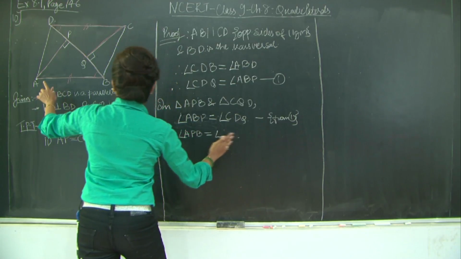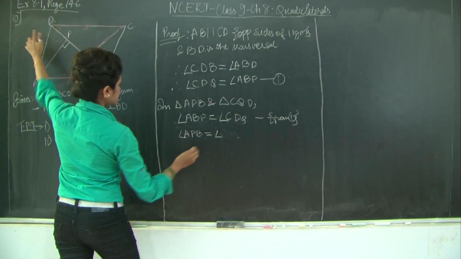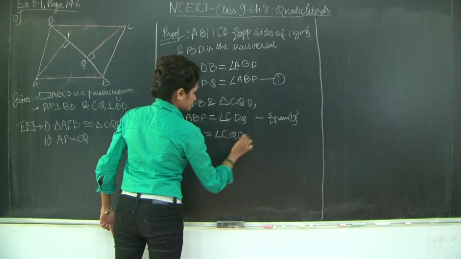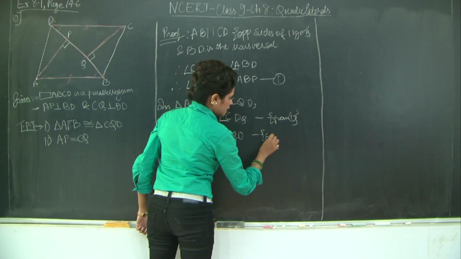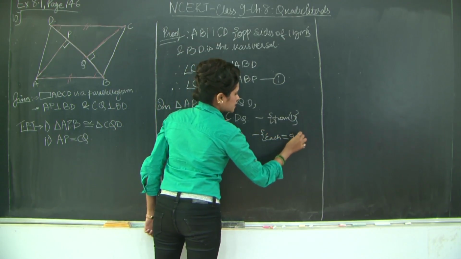Let's take according to the corresponding angles. This would be angle CQD. I'll say each is equal to 90 degrees.